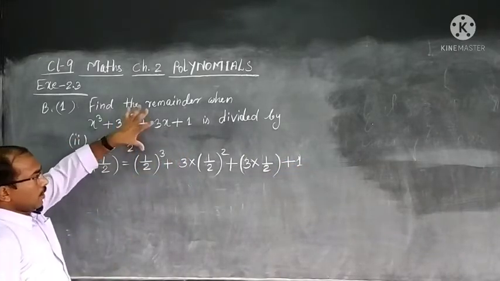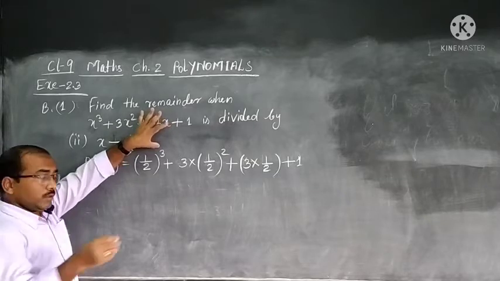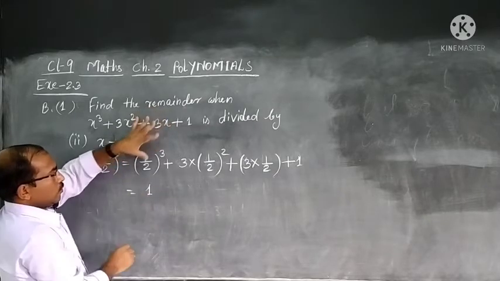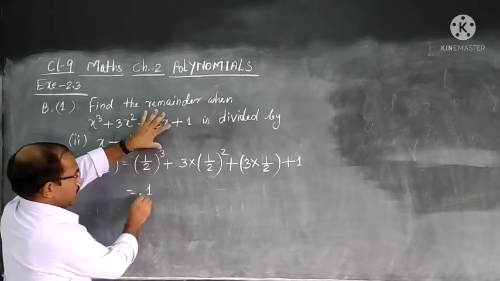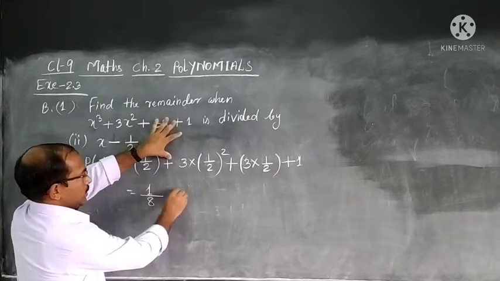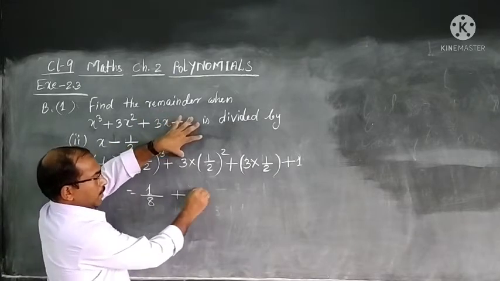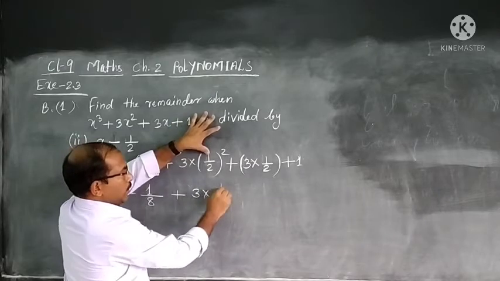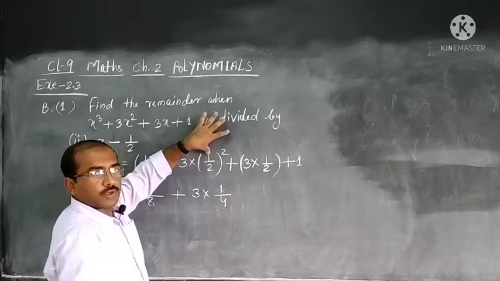Simplify carefully. 1 cube is 1 into 1 into 1, which is 1; 2 cube is 2 2s are 4, 2 4s are 8, so we got 1 by 8. Then plus 3 into 1 square, which is 1, over 2 square, which is 4.